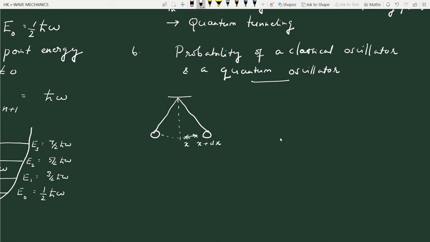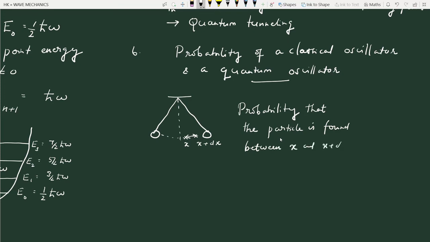Let us calculate the probability that the particle is found between x and x plus dx. So what is the probability that the particle is found between x and x plus dx? How do we calculate this probability?